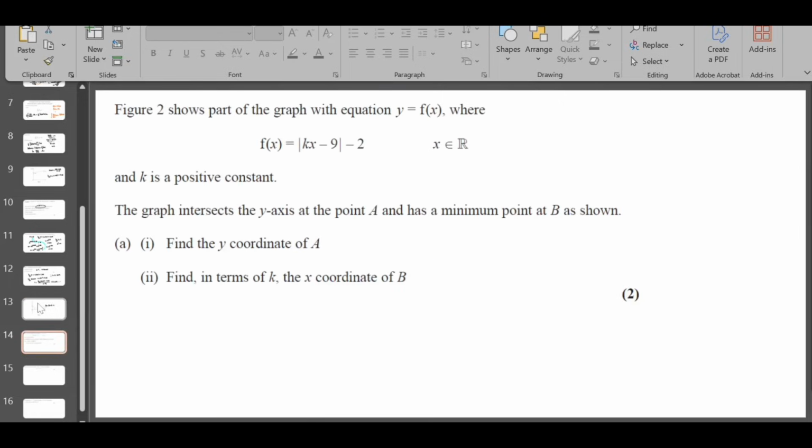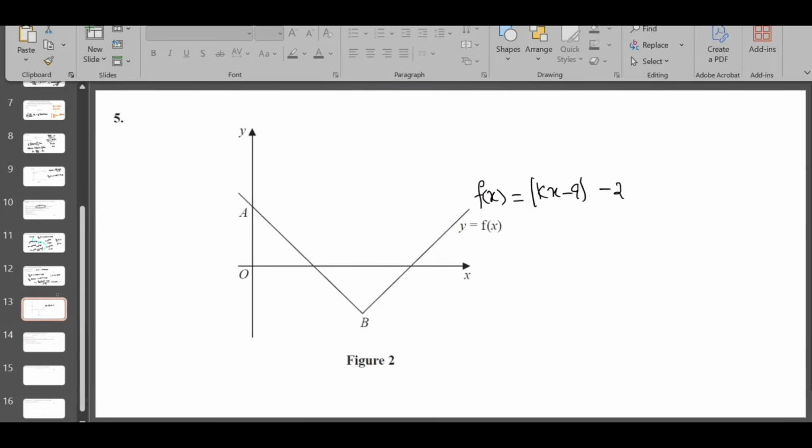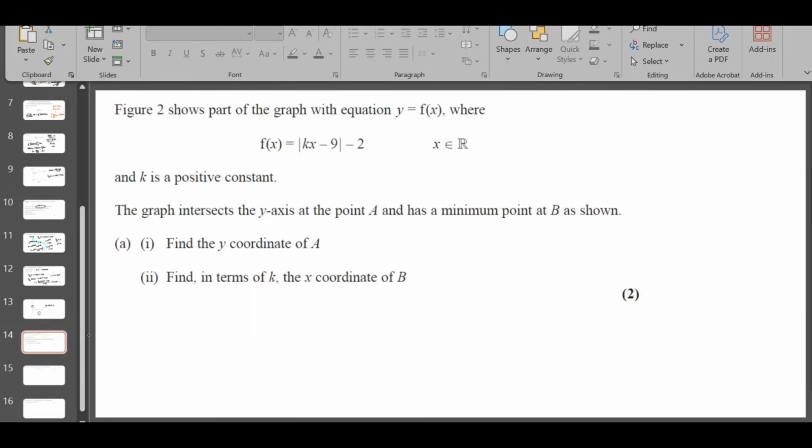The graph intersects the y-axis at A and has a minimum point at B. This is called the vertex for this graph. They want you to find the y coordinate of A, and in terms of k, the x coordinate of B. Basically, they want you to find the y-intercept and the vertex of the function.